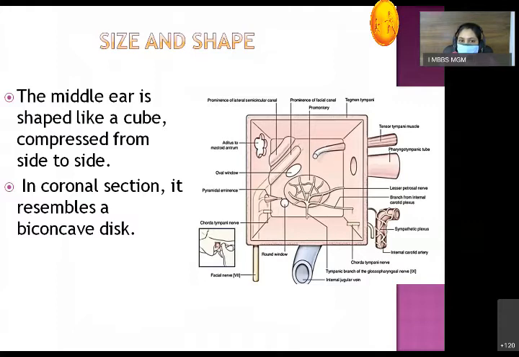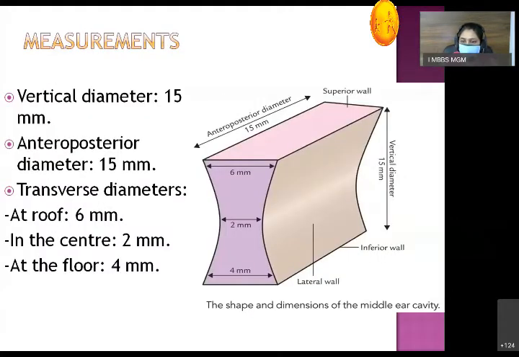Now, the middle ear, if you see, it is like a cube. So we can imagine a cube which is compressed from both the sides. So if you see in coronal section, it resembles a biconvex disc.